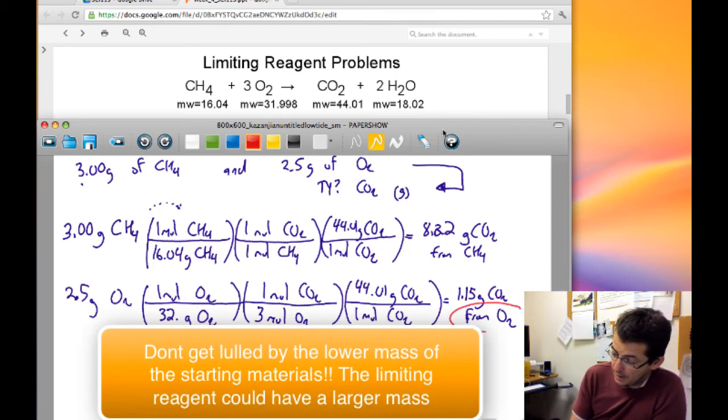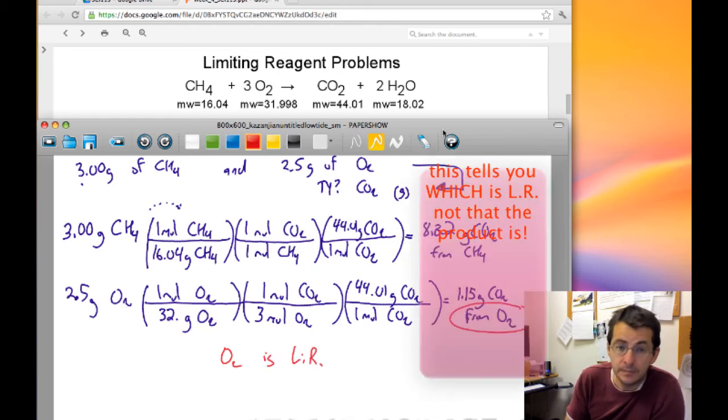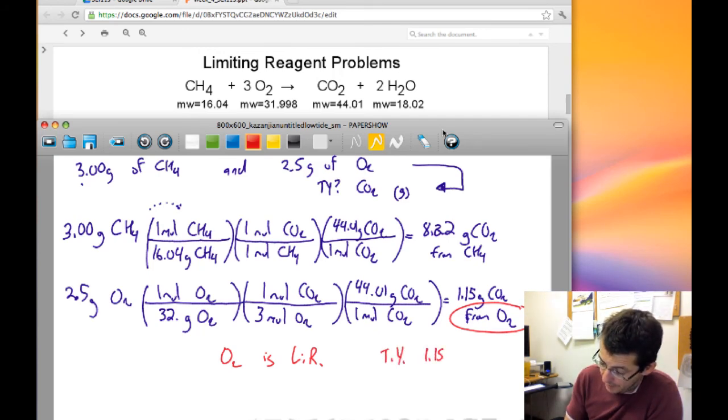This means that the O2 is the limiting reagent. Then we can use that as our starting point. So the theoretical yield, the maximum we can make, is 1.15 grams of CO2.